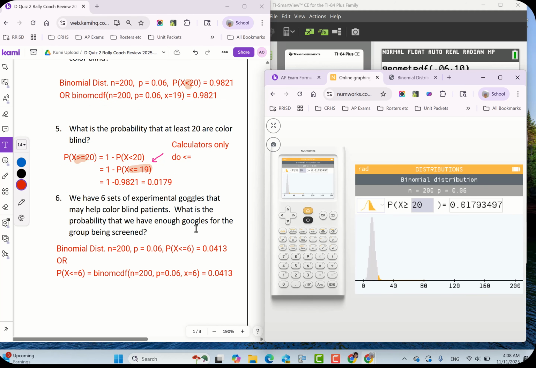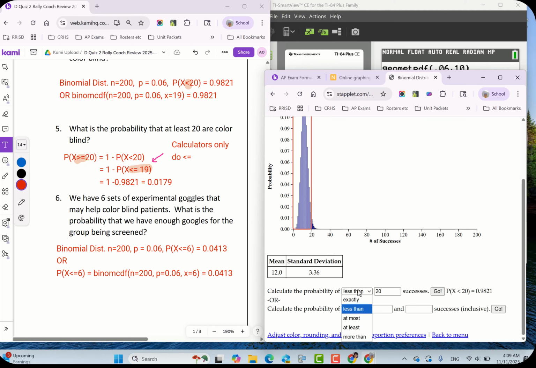Okay, we have 6 sets of experimental goggles that may help colorblind patients. What is the probability that we have enough goggles for the group being screened? So we want to know the probability. How will we know if we have enough? Let me go to binomial distribution because it helps me with the words.